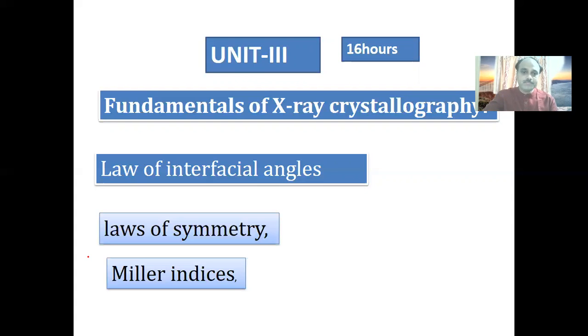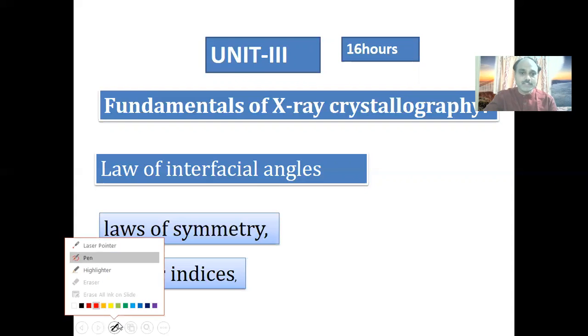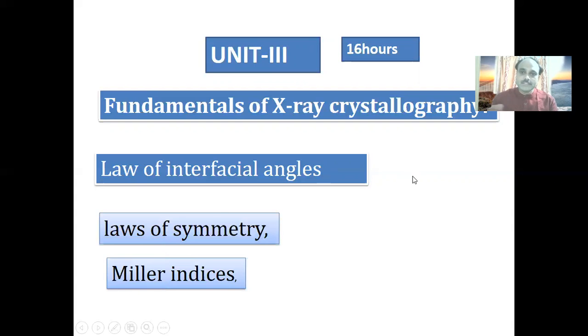As you know, why this concept of the law of interfacial angles comes in the solid state is that we have different phases. This is one phase, this is another phase. When two different phases connect together to form an angle, that angle is called an interfacial angle.